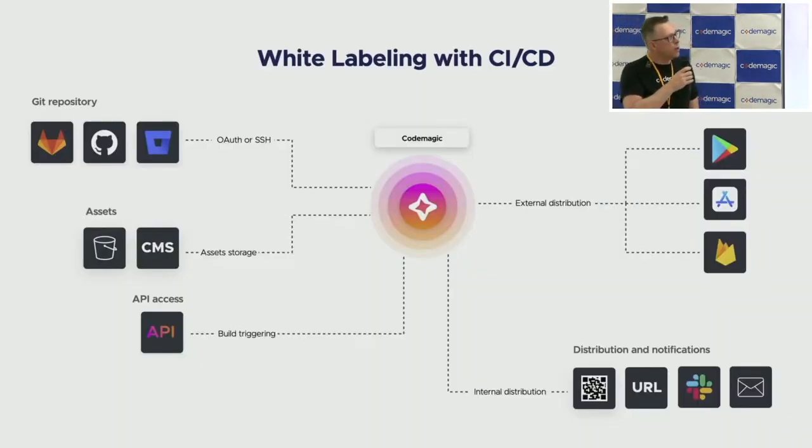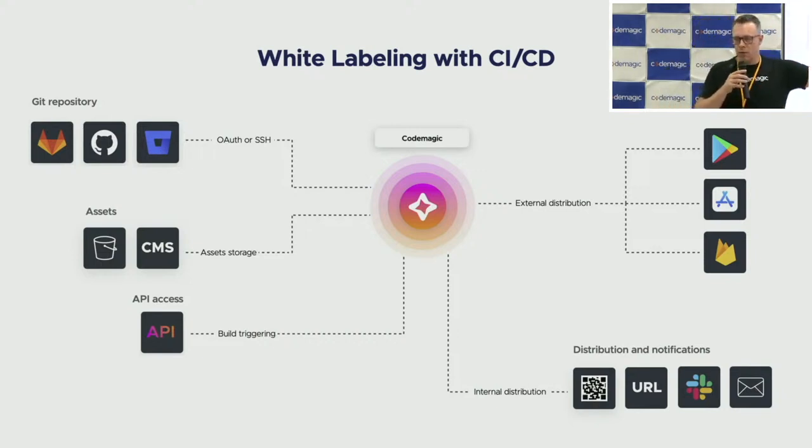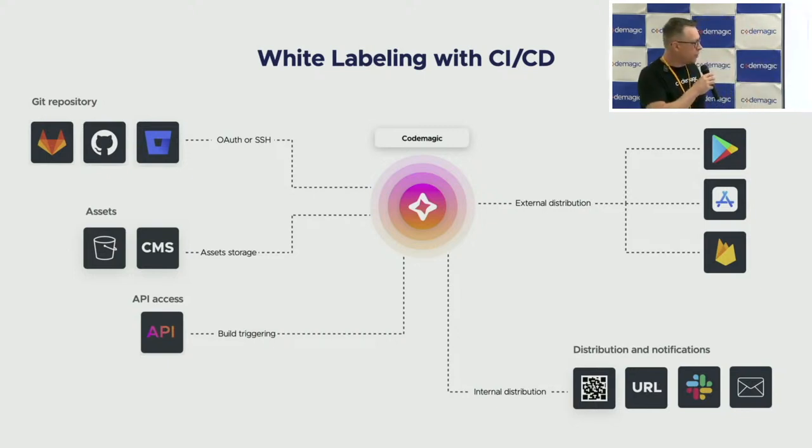Okay, so when we set up a white label workflow with CI/CD, your CI/CD provider is going to sit in the middle here. Obviously, I'm going to put CodeMagic here because that's what I'm familiar with. But the most important things that it should be able to do is interact with your Git repository, so it can clone the base code to the build servers.